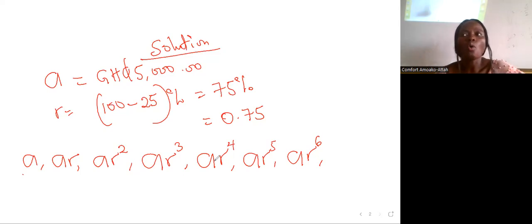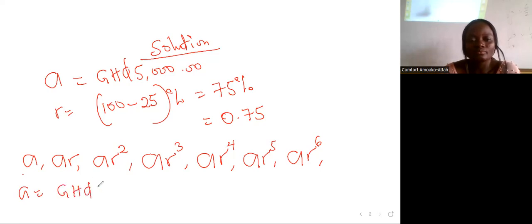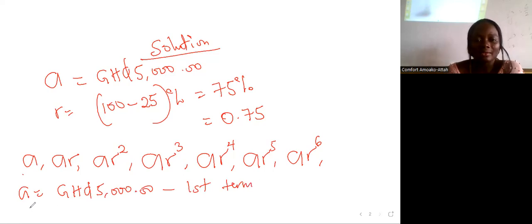Good. So how do we get our value at the end of the seventh term? How do we get our value? We pick the first term, A is equal to 5,000 Ghana cedis. So this is giving us our first term. Then we move to the second term. So it is AR. It means we are multiplying the first term by our common ratio, which is 0.75. You understand it?